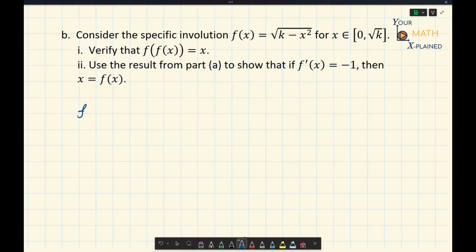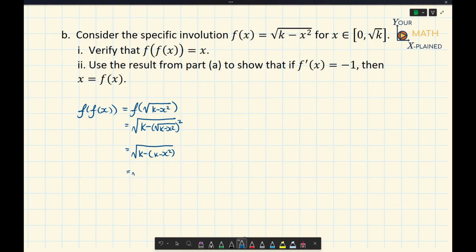So that means we start with f of f of x, and substituting in this particular function, this is going to be f of the square root of k minus x squared, which means this is equal to the square root of k minus, and then we're going to have the square root of k minus x squared, squared. So squaring a square root is just going to cancel it, which means we get the square root of k minus (k minus x squared).